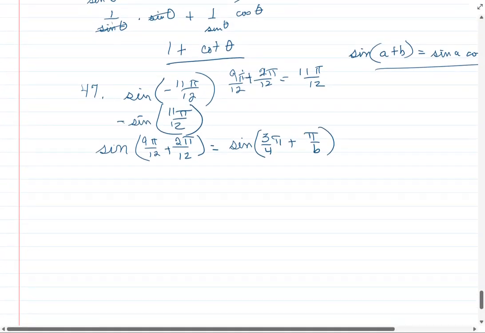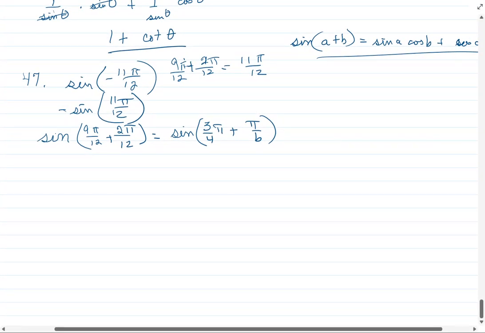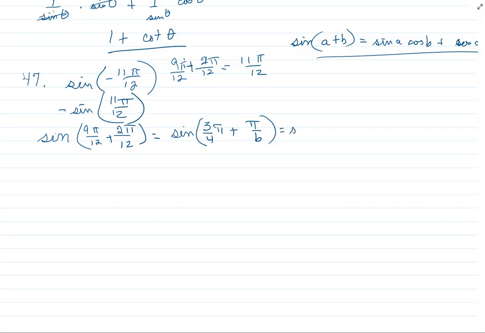All right. So now that I have my rule, I'm going to write what I need. I'm going to have the sine of 3 pi fourths times the cosine of pi 6, plus the cosine of 3 pi fourths times the sine of pi 6. All right.